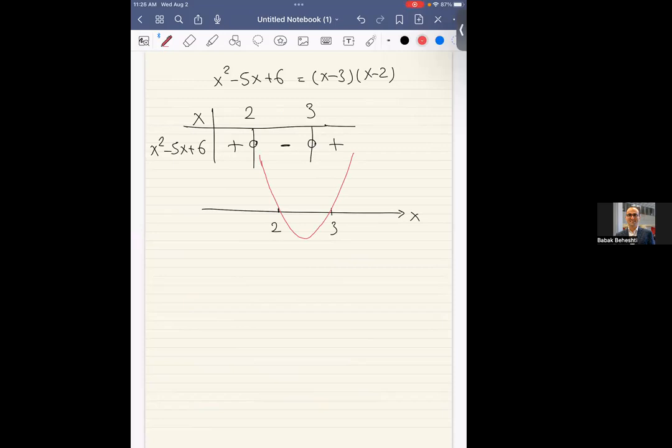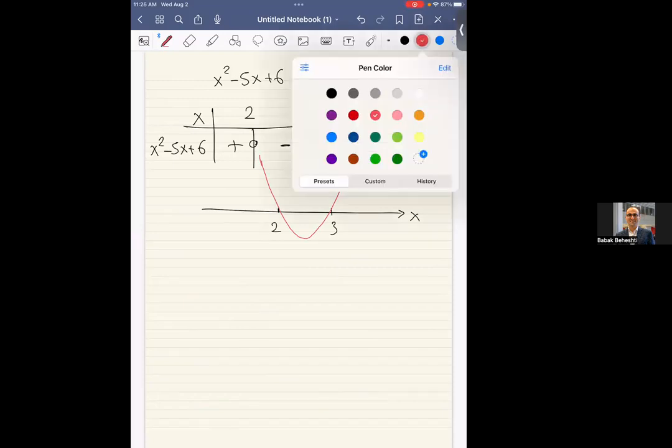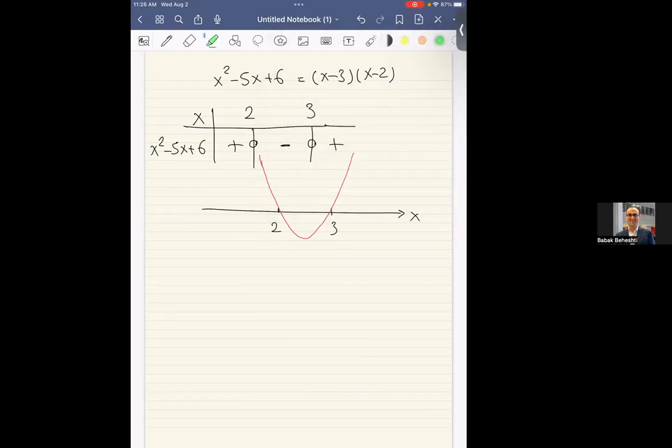Now you see, in this region it's positive. In this region it is negative, right? Because it's below the x-axis. And this region is also positive. When a graph is below the x-axis, it's negative. When it's above the x-axis, it's positive.